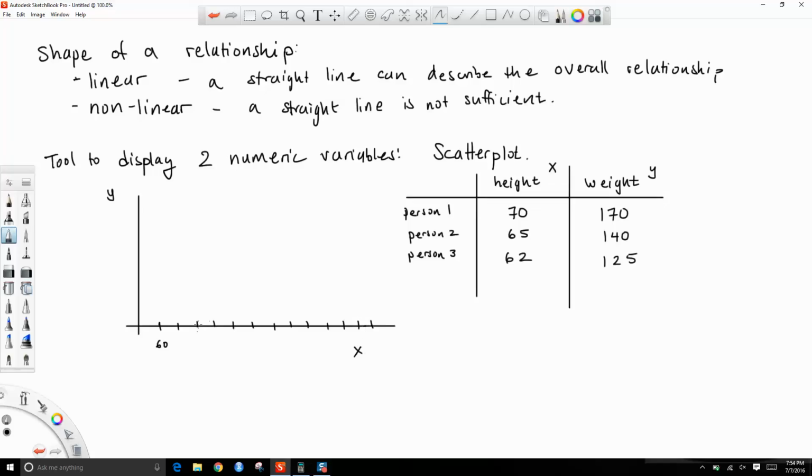And so on our graph, we might have marked off a number line for height. And then as far as weight goes, okay, and we would just plot coordinate pairs. So person 1 would be at 70 inches, weighing 170 pounds.